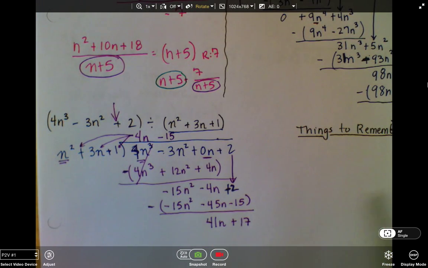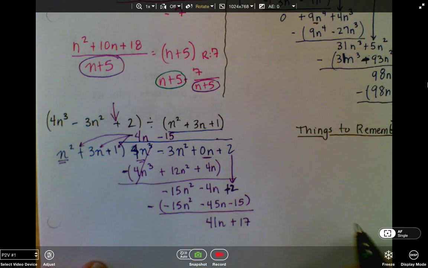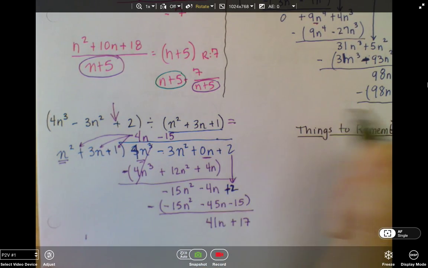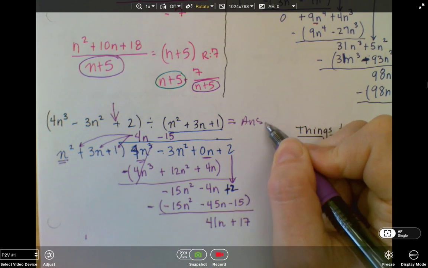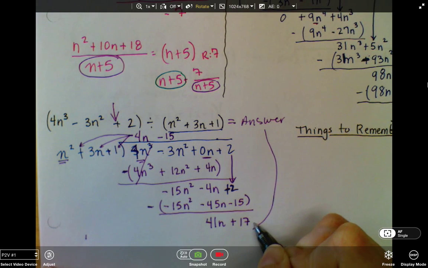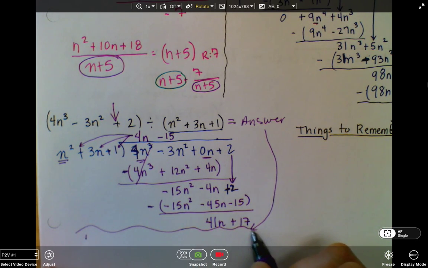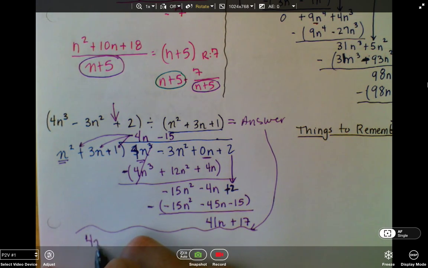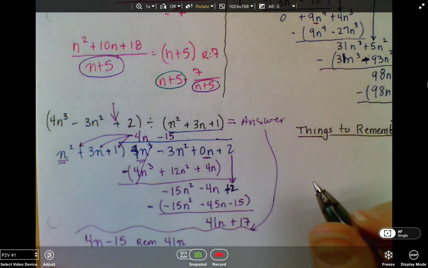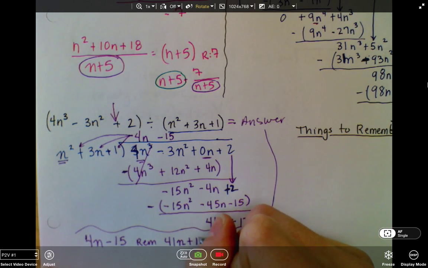So when I get to this point down here at the end, I could say that the answer to this question up here is, I'm going to put the answer down here. The answer is that it divides in 4n minus 15, and you could say remainder 41n plus 17.